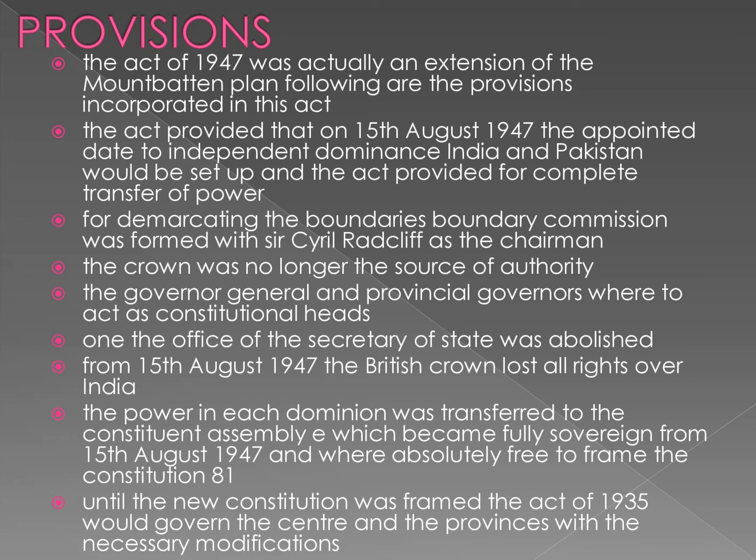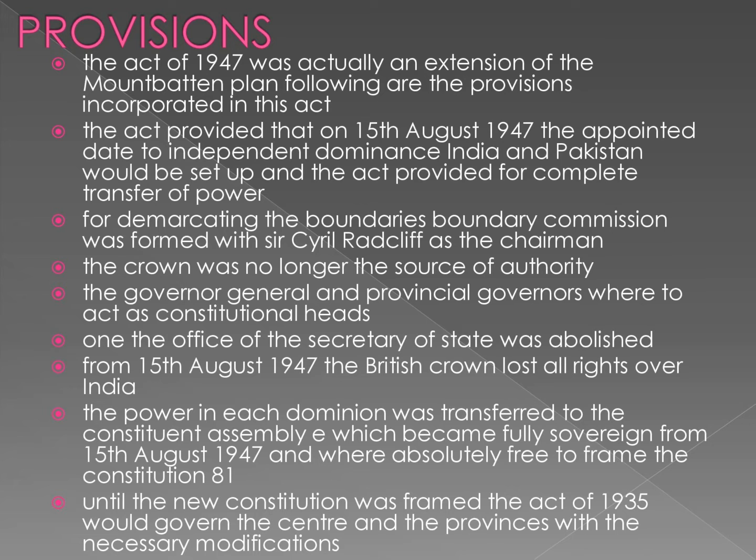Until the new constitution was framed, the Act of 1935 would govern the center and the provinces with necessary modifications, because the 1935 Act incorporated the establishment of a federal government. Till the formation of the new government, whatever provisions existed in 1935 continued.